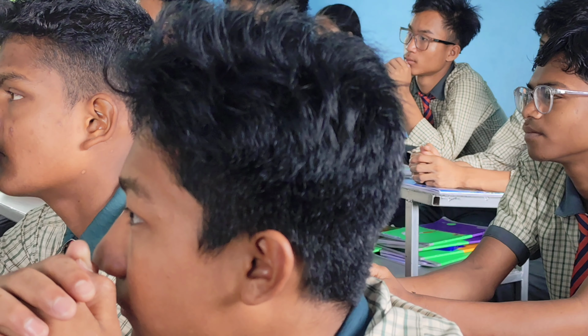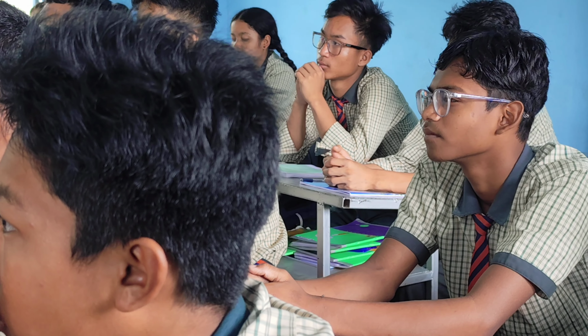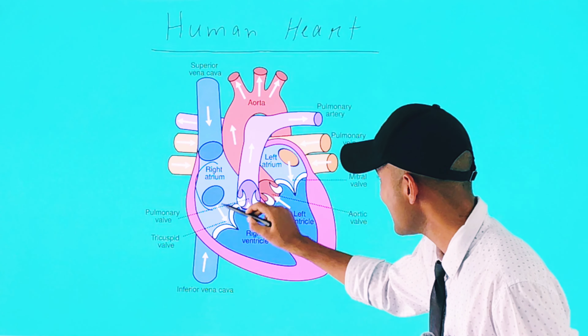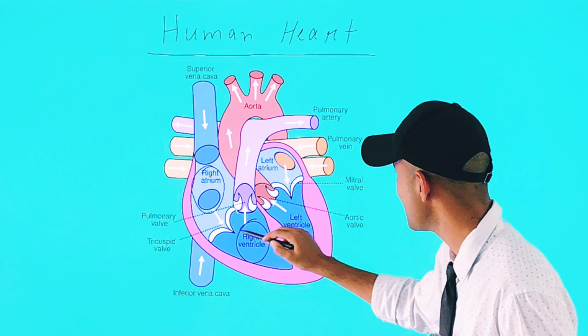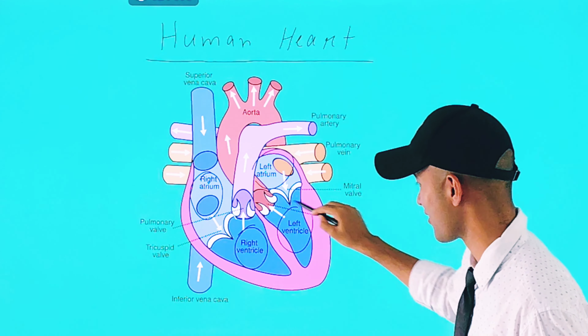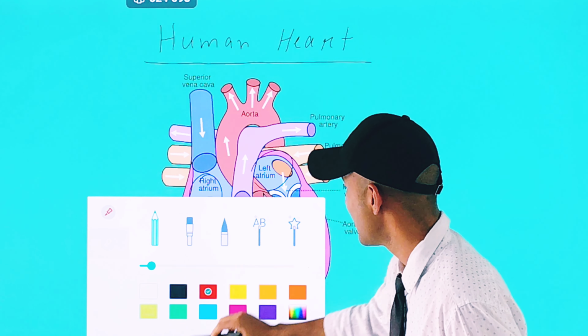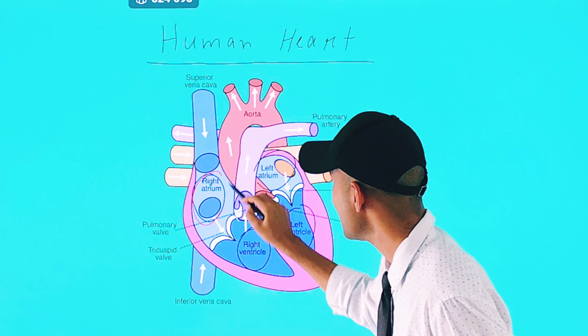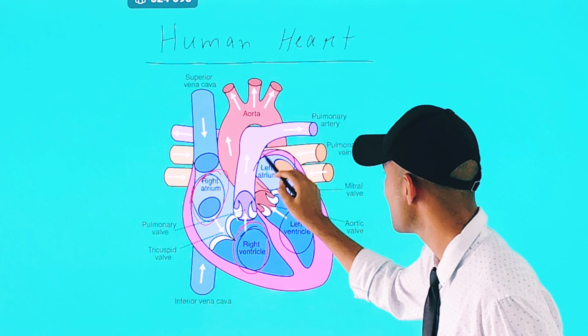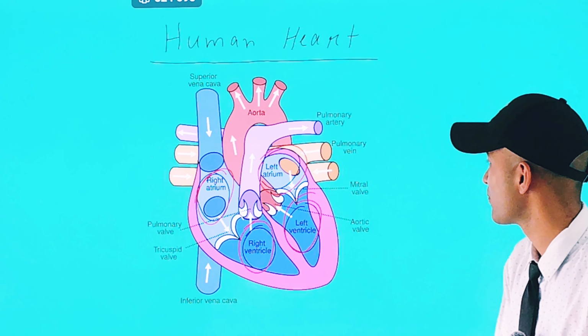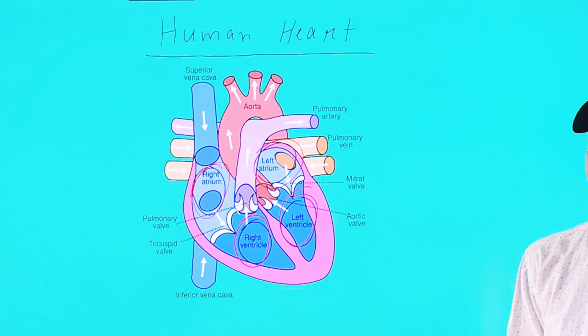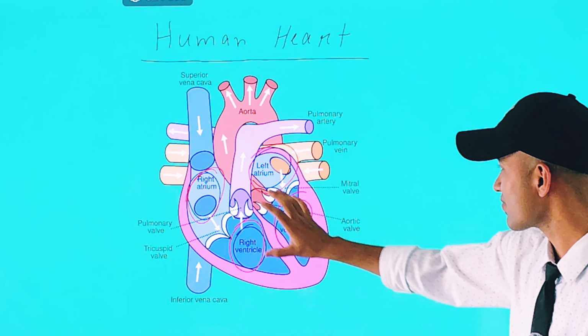Okay, in our human heart we have 4 rooms. 1, 2, 3, 4. Okay, let me change the color. 1, 2, 3, 4. So the human heart has 4 chambers.